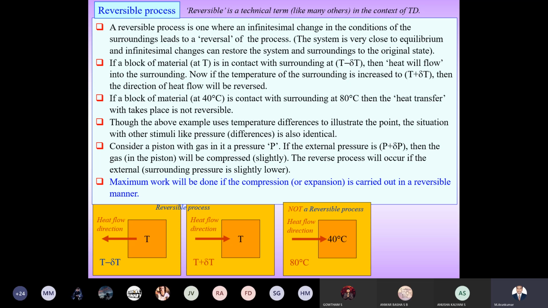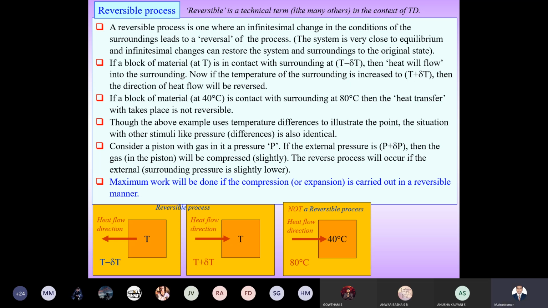If a block of material at 40 degrees Celsius is in contact with the surrounding at 80 degrees Celsius, then the heat transfer that takes place is not reversible, right? The system is at 40 degrees Celsius and the surrounding is at 80 degrees Celsius. There will be heat transfer, but we can't take this as a reversible process.